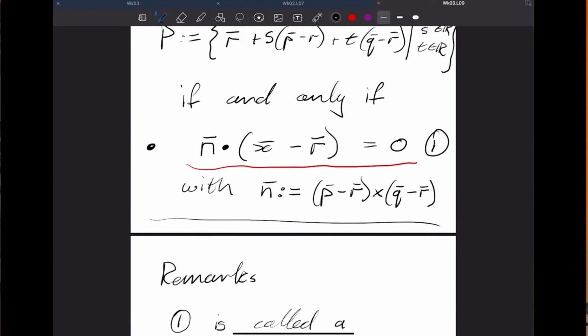Second remark is this vector n has a special name.